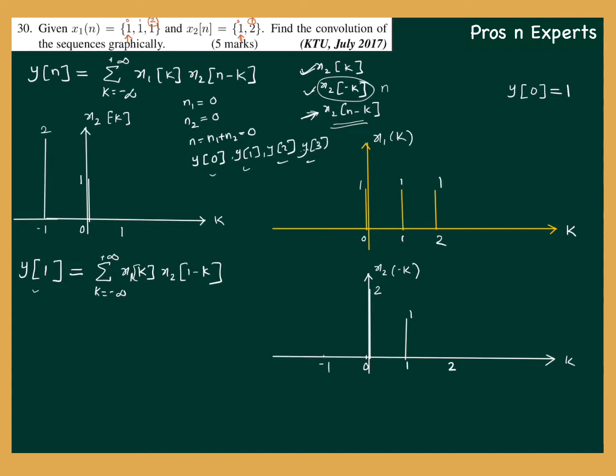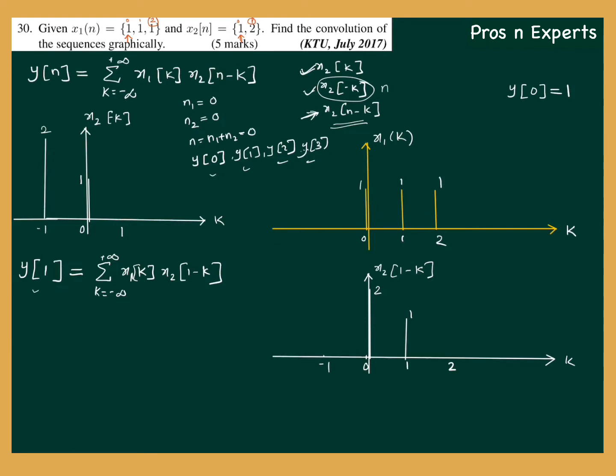I have drawn x2 of 1 minus k by shifting x2 of minus k 1 unit to the right. So the sample at minus 1 with a value 2 is now at n equal to 0, and this sample will be at 1. So the x2 of 1 minus k we have drawn is correct.